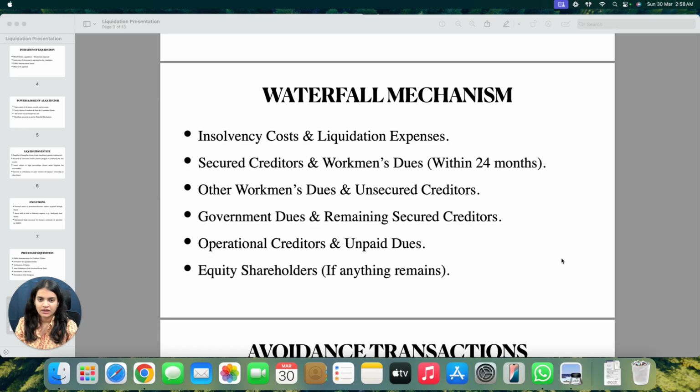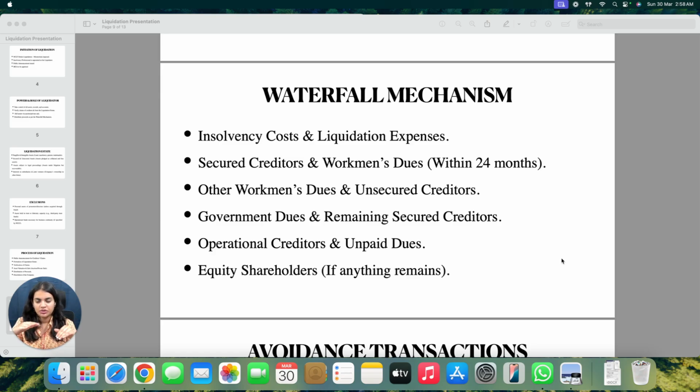Now, after having seen the waterfall mechanism, after the conclusion of distribution under the waterfall mechanism, the liquidator, who has already been periodically submitting progress reports, will have to make a detailed final report to the adjudicating authority.